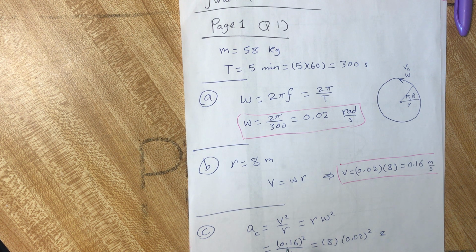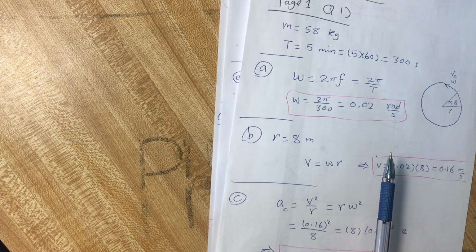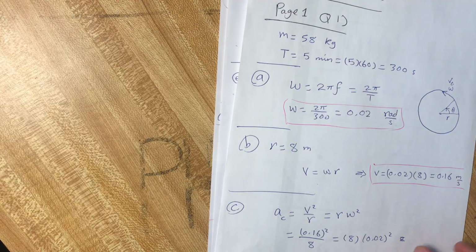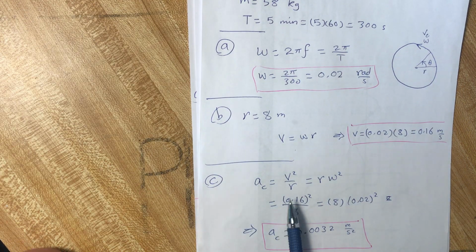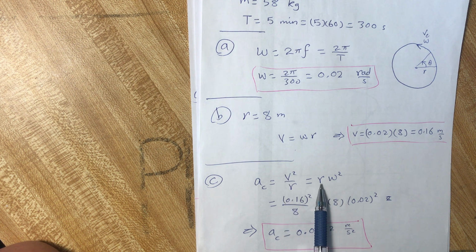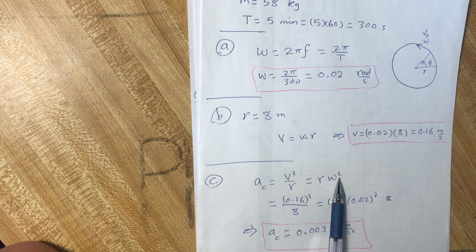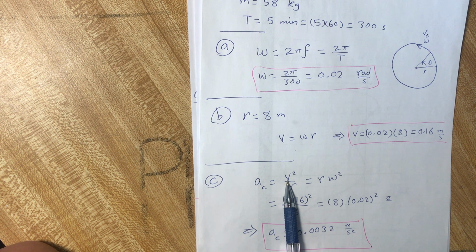Omega is found now, r is given, then the linear velocity or the tangential velocity will be 0.16 meters per second. Okay, now the centrifugal acceleration AC is equal to v squared over r. From before we know this relation, and also we know that it is equal to r omega squared, because v is equal to r omega. We can use this relation or this relation. I find the acceleration using this one and this one.